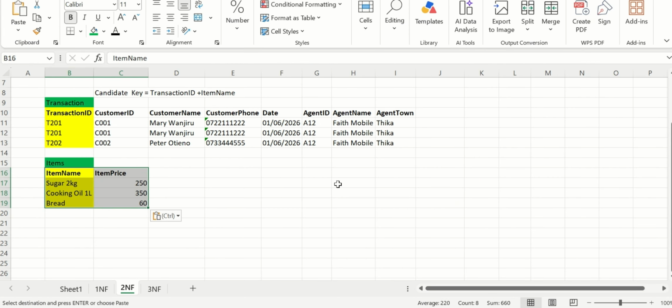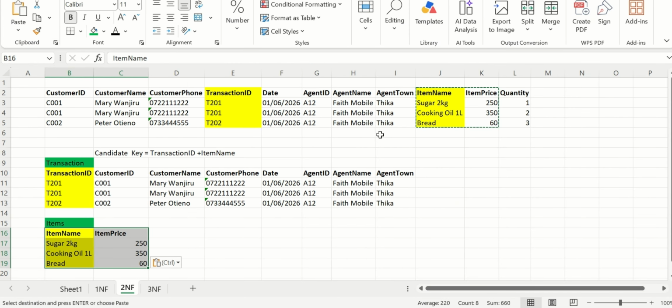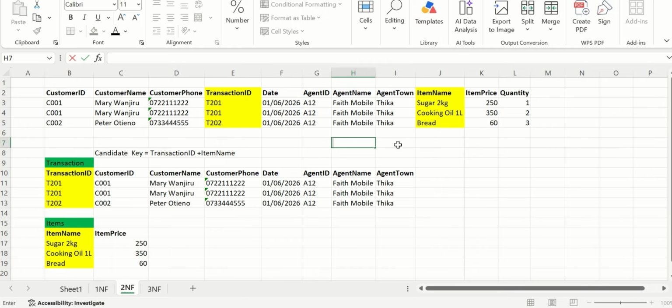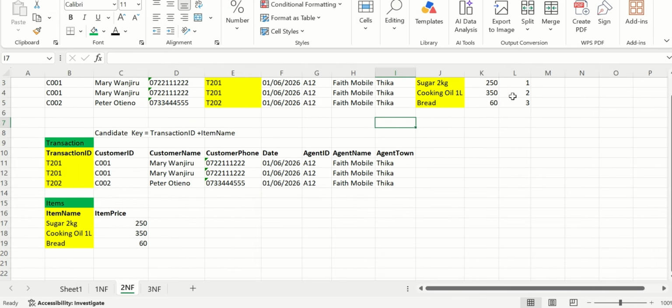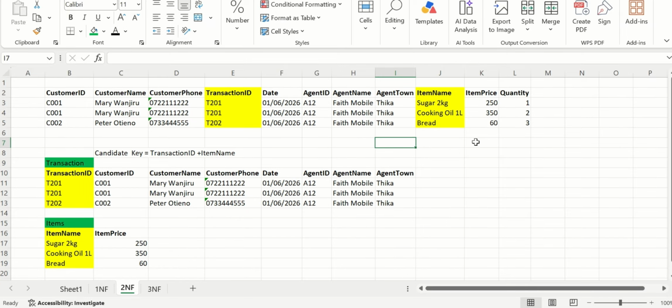Now let's continue exploring the remaining non-key columns. So we have this quantity remaining as the non-key column. If you look at quantity, it is the one that depends on both the transaction and item name.